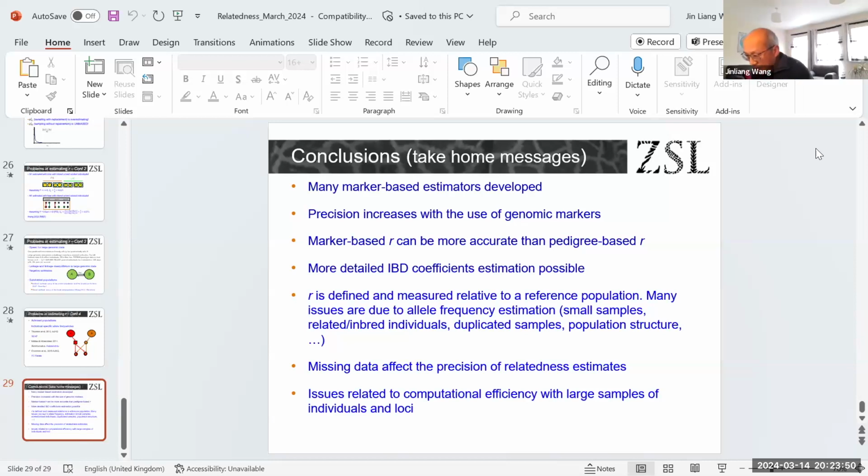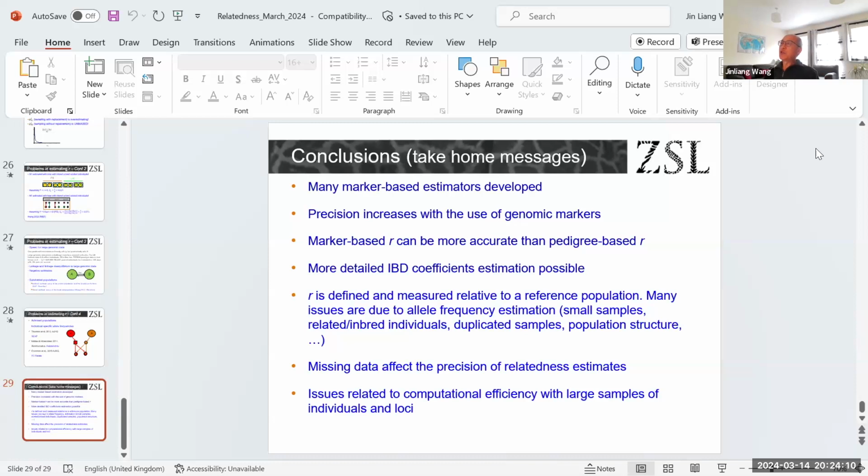Okay. Yes. With 10,000 markers or even more, definitely there is linkage disequilibrium there, but its impact on relatedness estimation really depends on your focus.